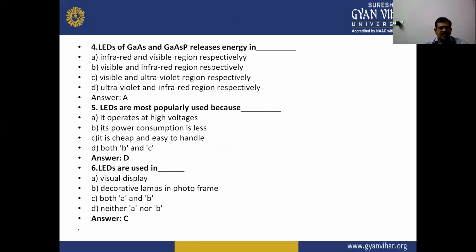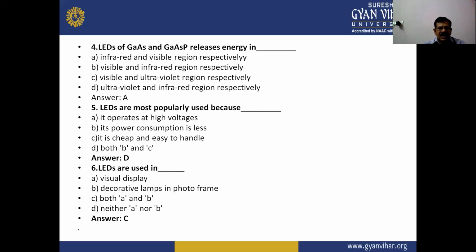Question number 4: LEDs of gallium arsenide and gallium arsenide phosphide release energy in option A, infrared and visible region respectively. Option B, visible and infrared region respectively. Option C, visible and ultraviolet region respectively.